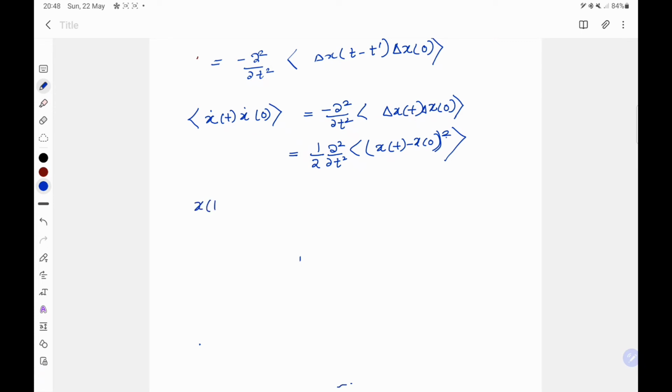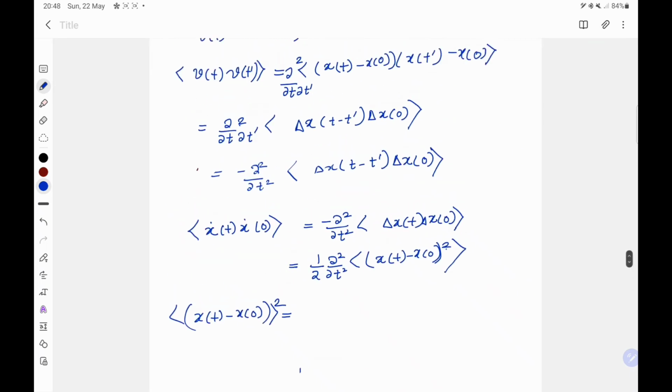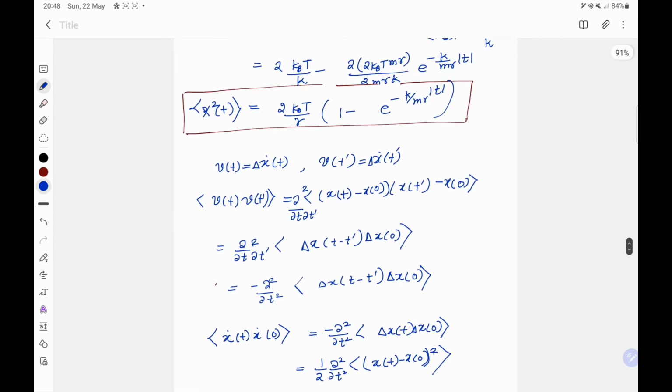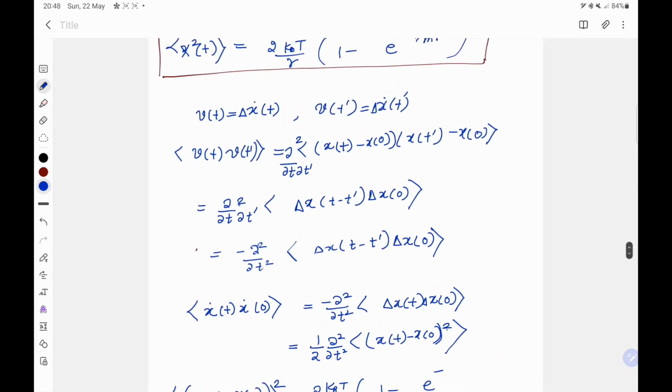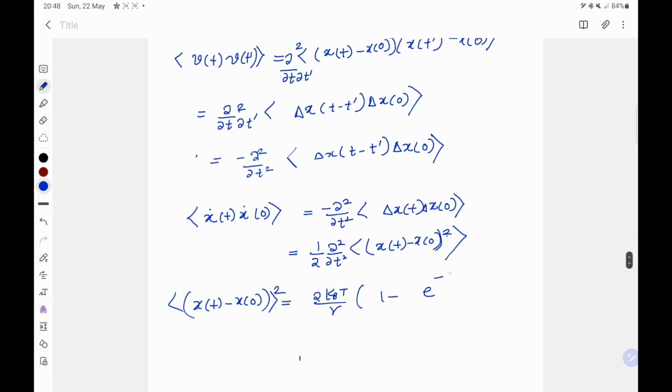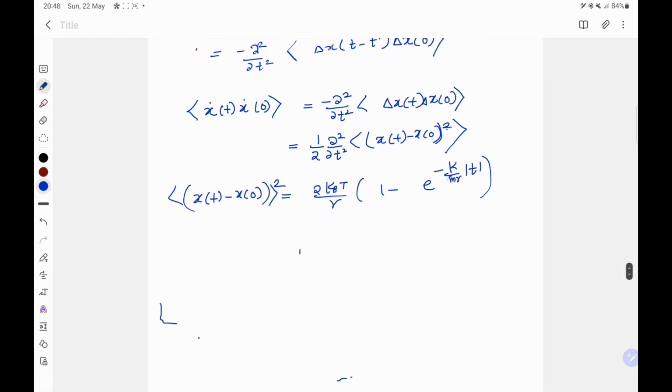The average of (x(t) minus x(0)) whole square was 2 kB T over gamma times (1 minus e to the power minus k over m gamma mod t), right? So if you take the derivative 2 times, you have to write this in terms of a theta function.